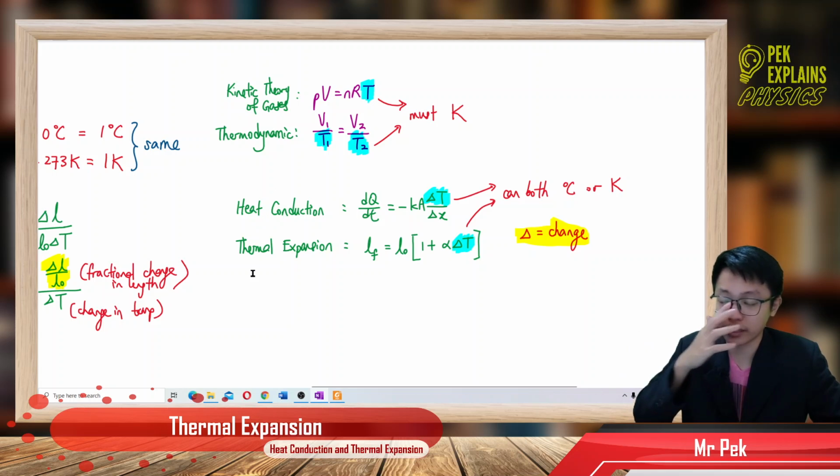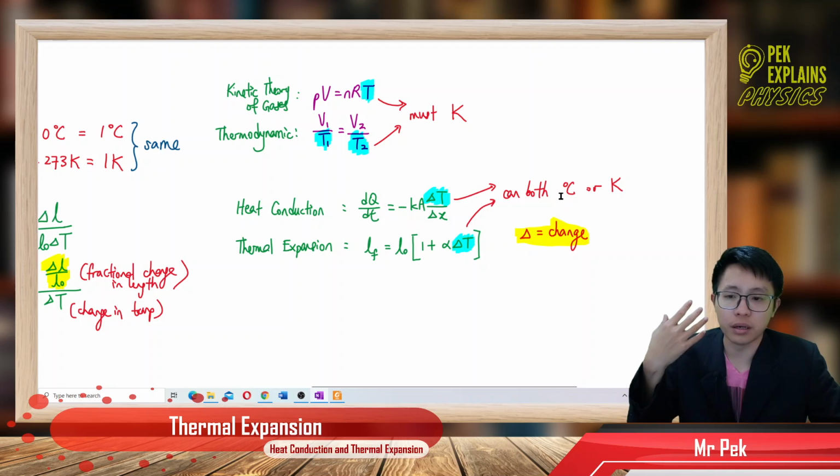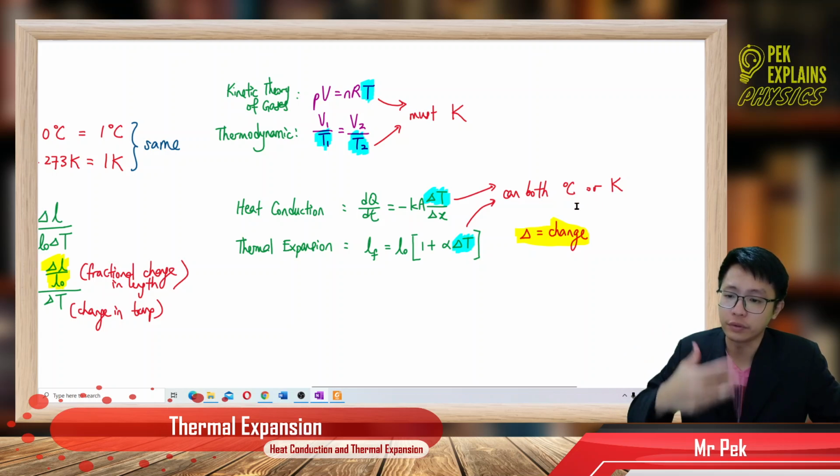These two only talk about change in temperature, the delta. This change of temperature can use either unit, degree Celsius or Kelvin.